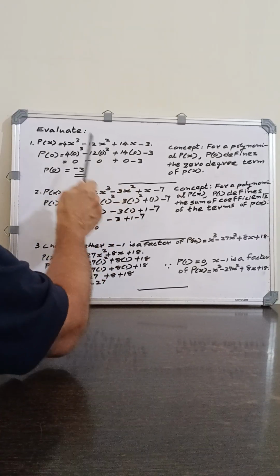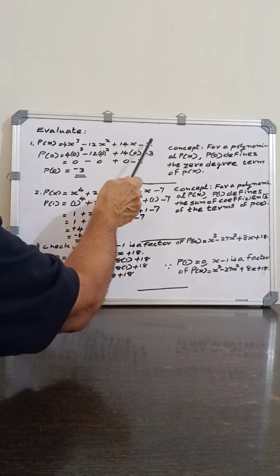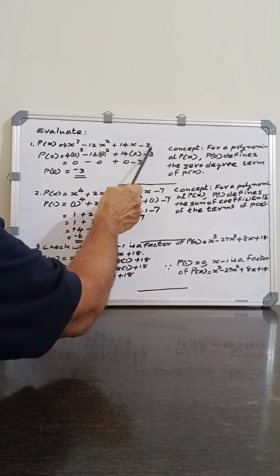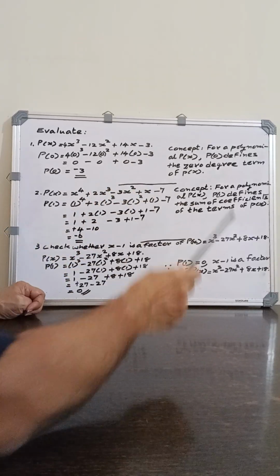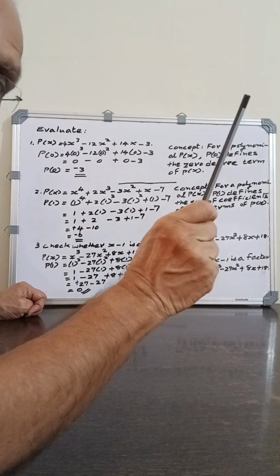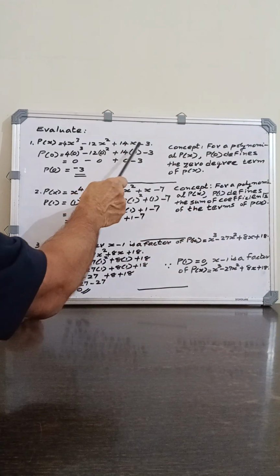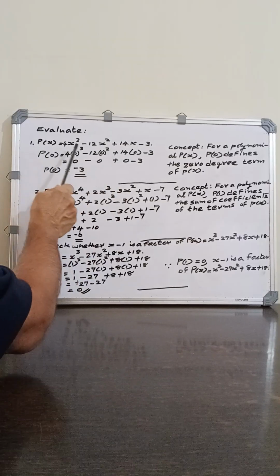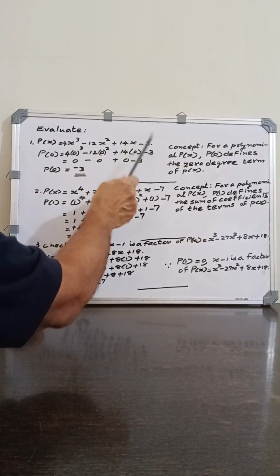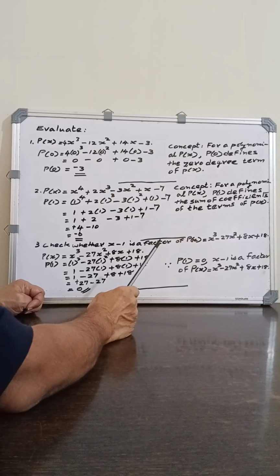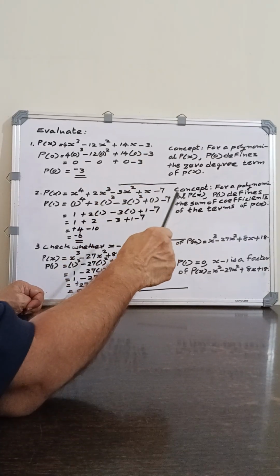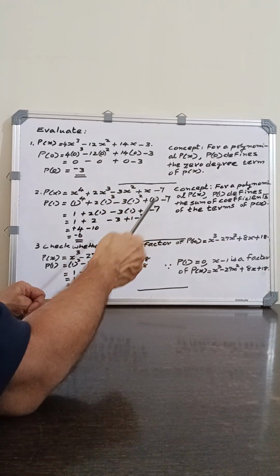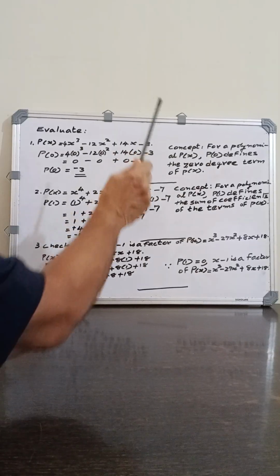The degrees go 3, 2, 1, 0, so the 0 degree term is minus 3 x raised to 0. x raised to 0 means 1. Therefore, minus 3 into 1 is minus 3. That is, the 0 degree term is minus 3. For a polynomial P of x, P of 0 defines the 0 degree term of the polynomial.